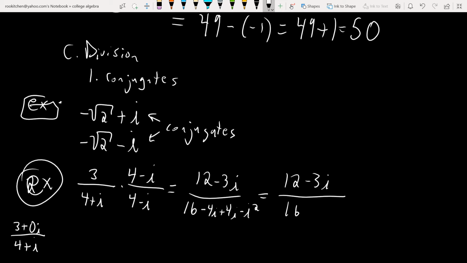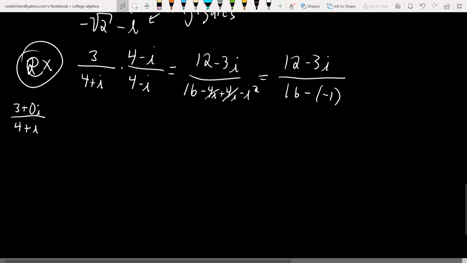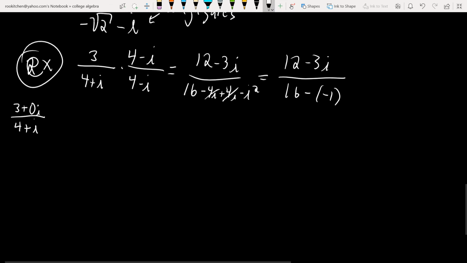So we'll have 16, the 4i's are additive opposites, minus i squared is negative 1. I'll be a little careful with the negative negatives. That'll be a positive, right? So this will equal 12 minus 3i all over 16 plus 1 at the end of the day, which is 17. It's still not in standard form.